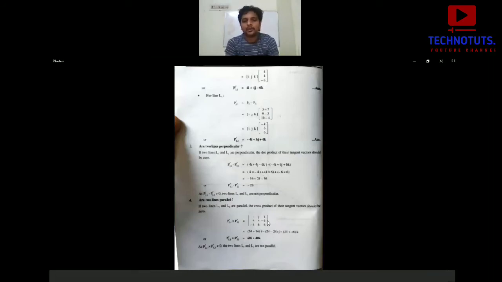And if the cross product of the tangent vectors of the two lines is obtained as 0, then the two lines are parallel to each other.